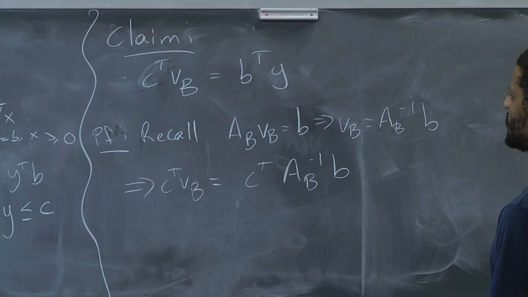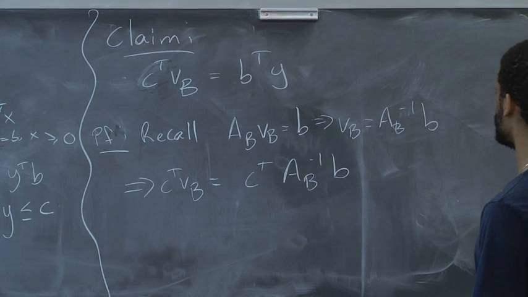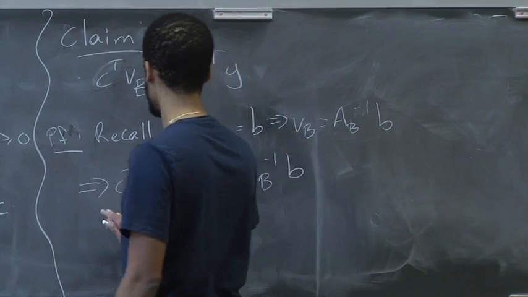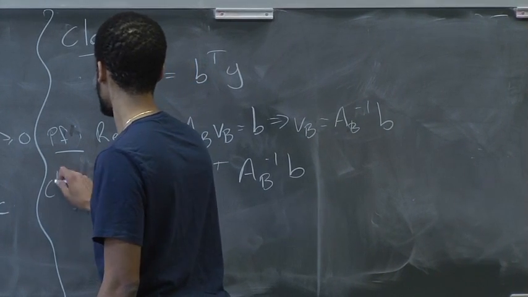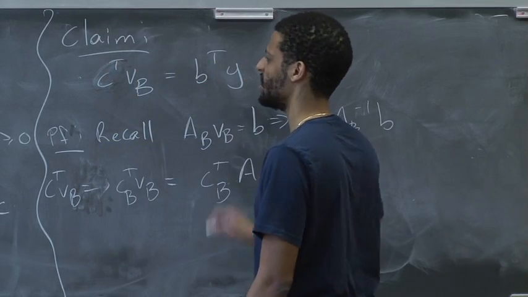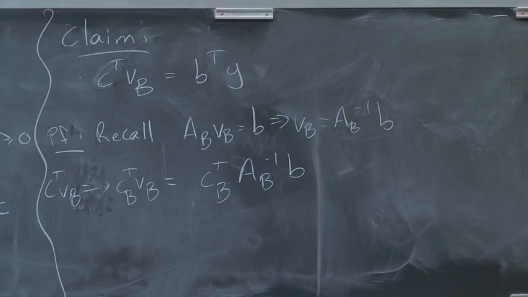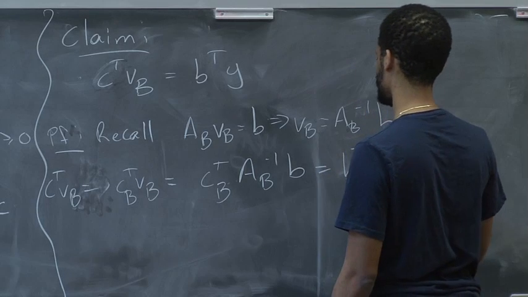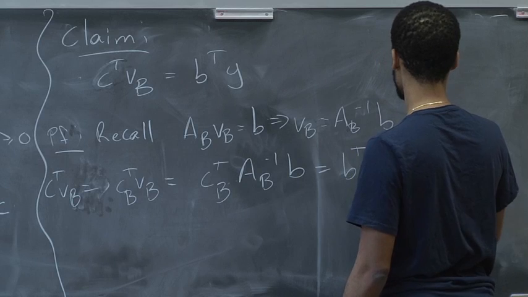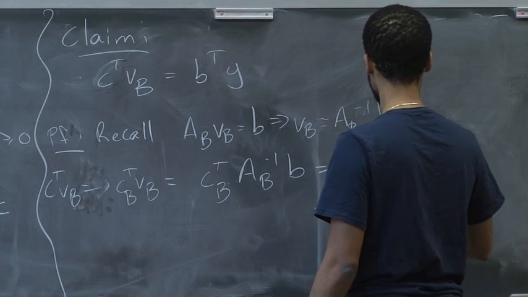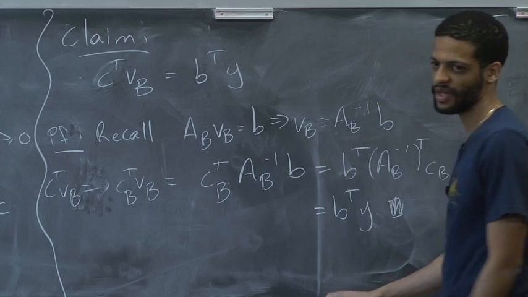Well, first of all, let me write c transpose v_B is equal to c_B transpose v_B. And this is the same thing as b transpose A_B inverse transpose c_B, which is b transpose y. Okay?